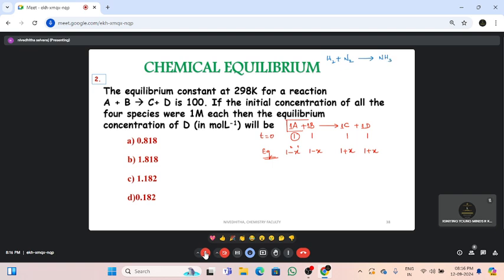Okay. Please balance this equation. Left side I have 2 moles of nitrogen. Right side I have only 1 mole of nitrogen. So I have to write 2 here. Now left side I have 2 moles of hydrogen. Right side I have 6 moles of hydrogen. So I have to write 3 here. So preparation of ammonia from hydrogen and nitrogen is called Haber's process. Okay.